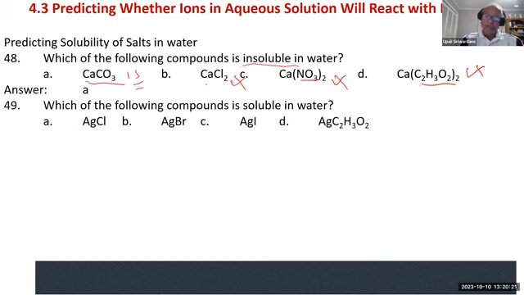Which of the compounds is soluble in water? We have silver chloride, lead chloride, and lead sulfate, barium sulfate. Therefore, these are not soluble, insoluble.